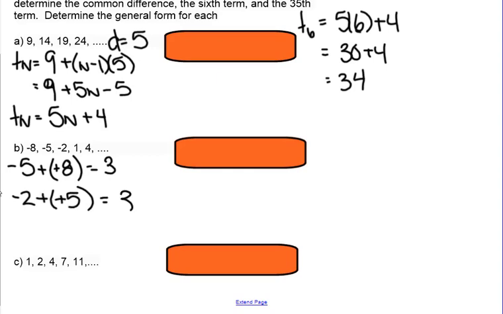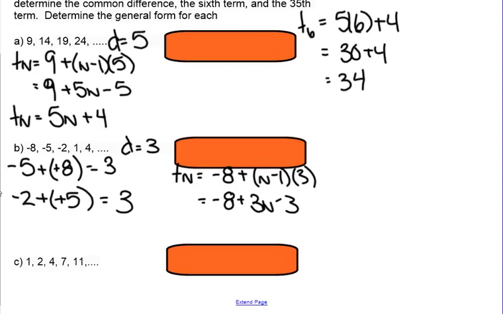We've got also 3. So therefore, our common difference is 3. To find our general term, same thing, Tn is equal to our first term plus n minus 1 times the common difference, negative 8 plus 3n minus 3, so that's 3n minus 11.